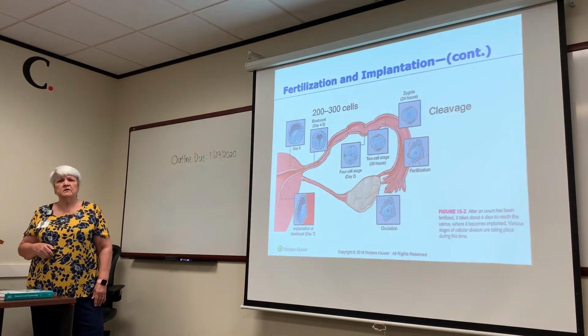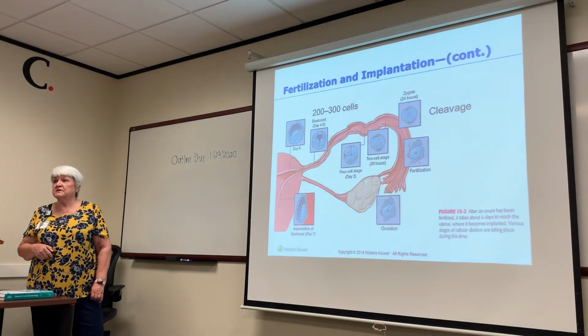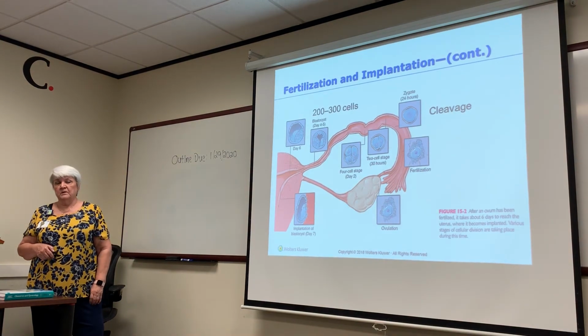I didn't even have to wear a pad. It's because of implantation bleeding. That's why the crown rump length is the most precise measurement that we do in ultrasound, and it trumps the LMP.